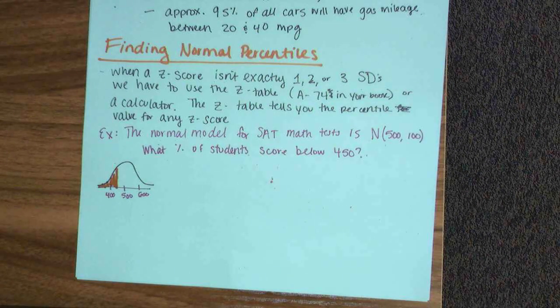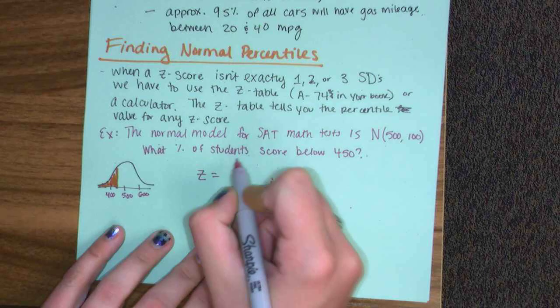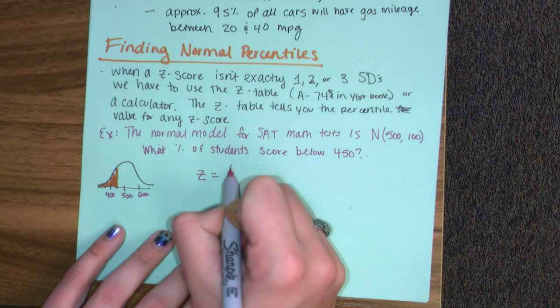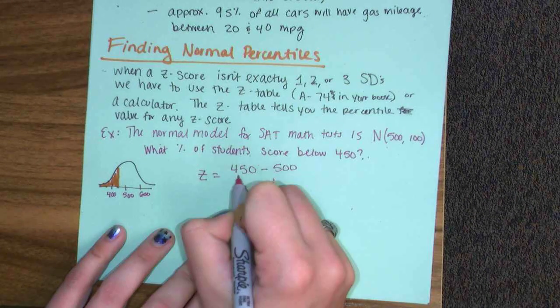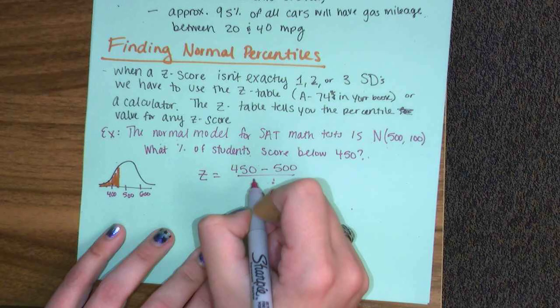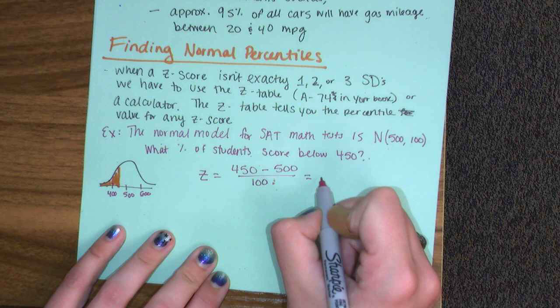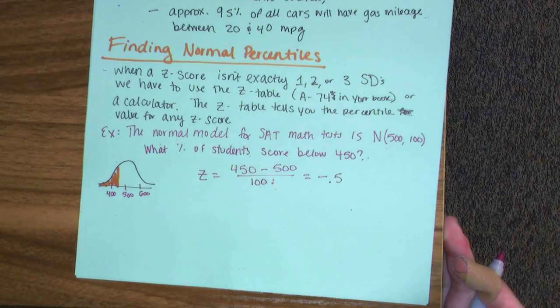So we would use our formula for a z-score, which is what? y is 450 minus y bar, 500, over the standard deviation, 100. So this comes out to be minus 0.5, and we don't know exactly what that is.